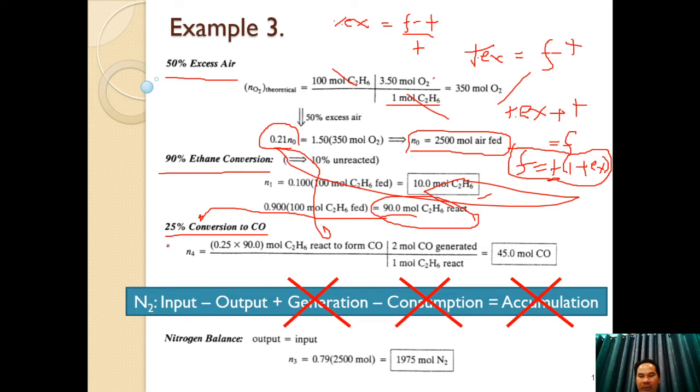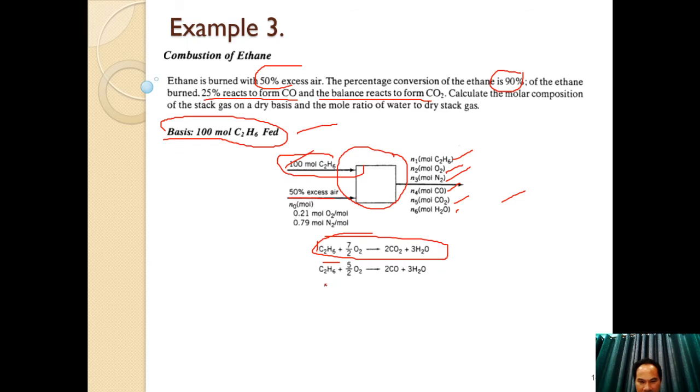For this case, you can go back to the chemical reaction for CO. 2 mole CO is produced based on 1 mole ethane reacting.